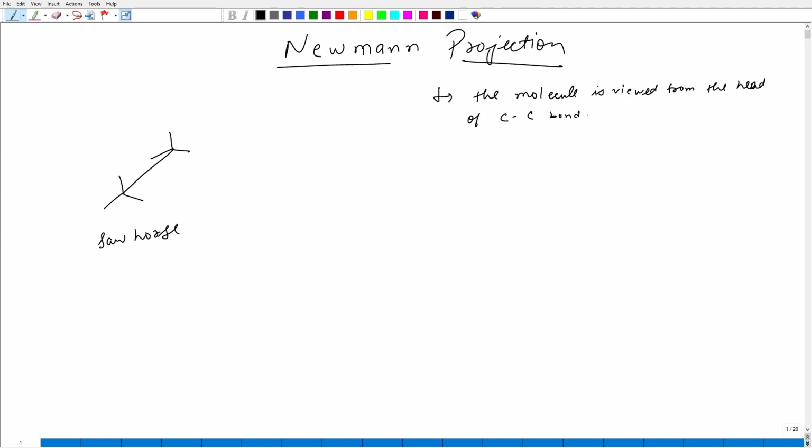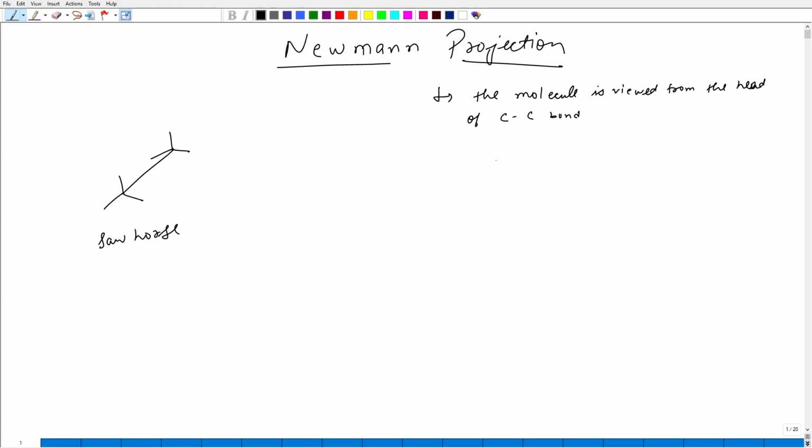For example, here is how the Newman projection can be drawn. As we have seen in the Sawhorse projection of ethane, we just have to compress one bond onto another.